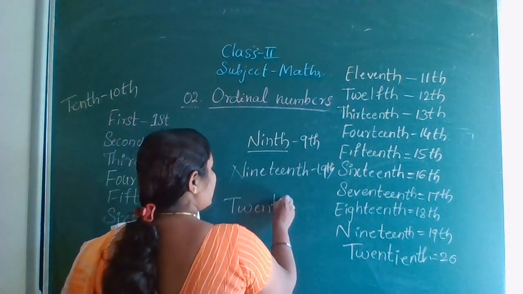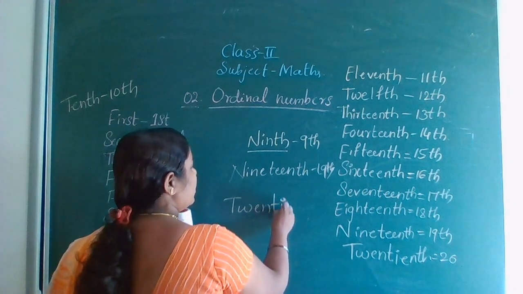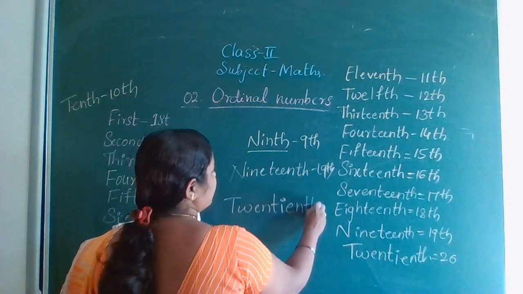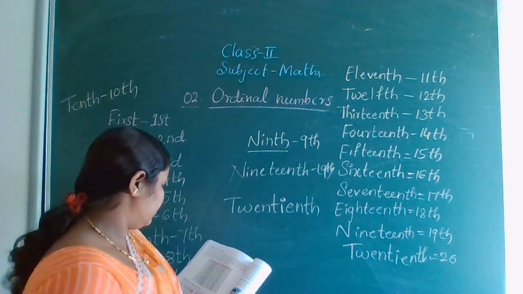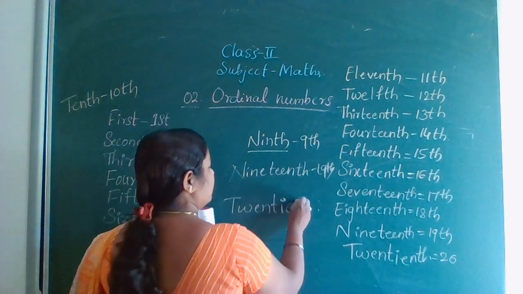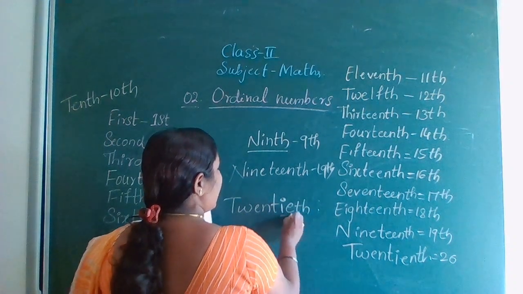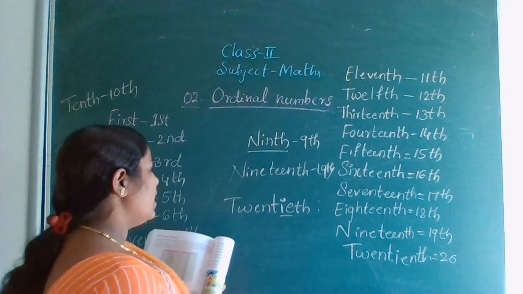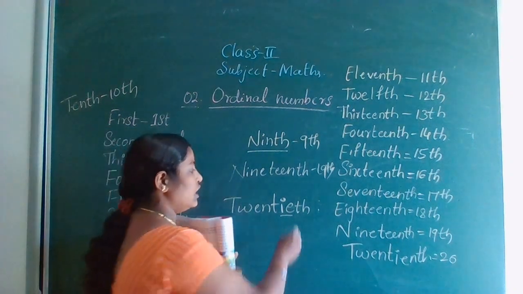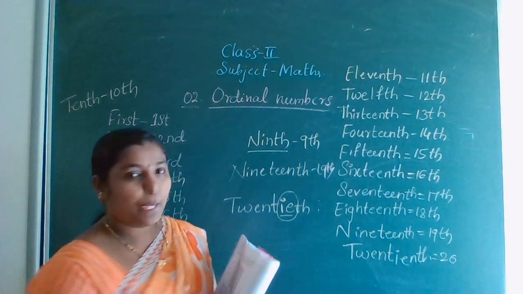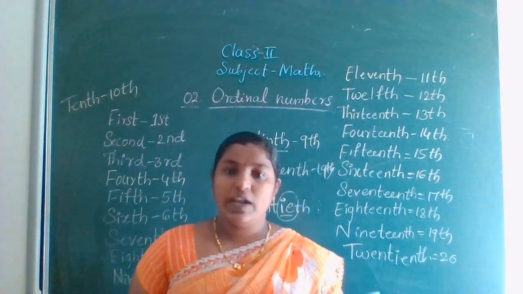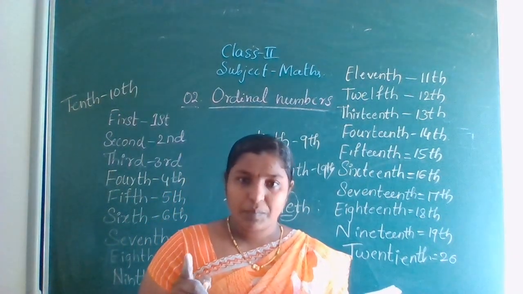Instead of Y, you write I. Twentieth. Sorry, not N. I-E-T-H you should add. T-W-E-N-T-I-E-T-H. Here you should add I-E. T-W-E-N-T-I-E-T-H, 20th.